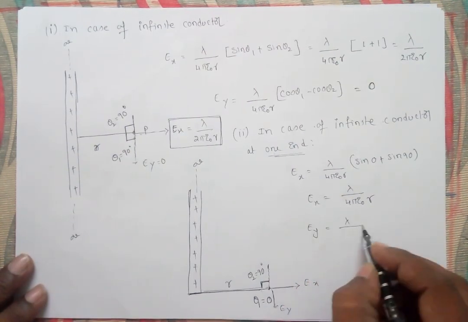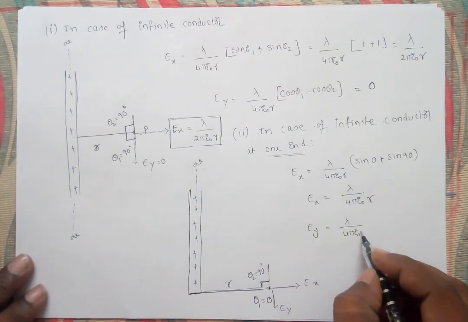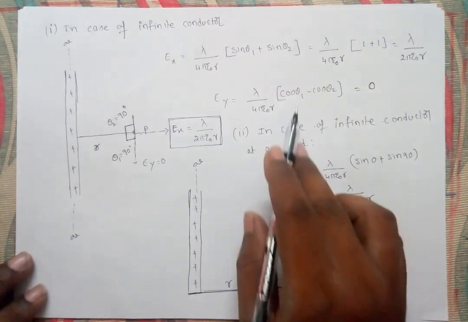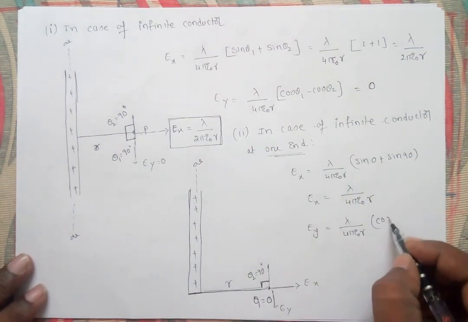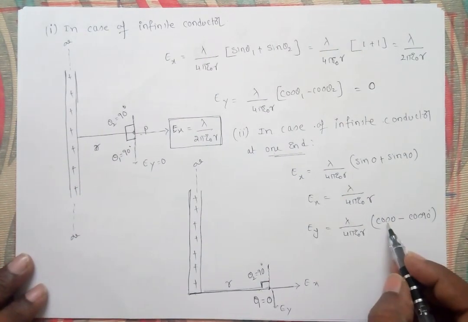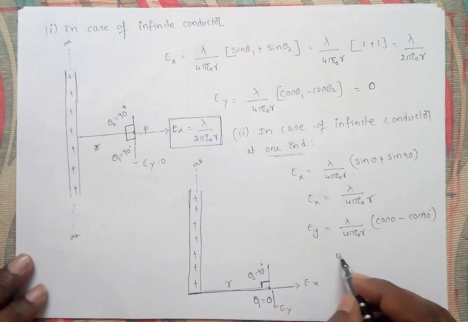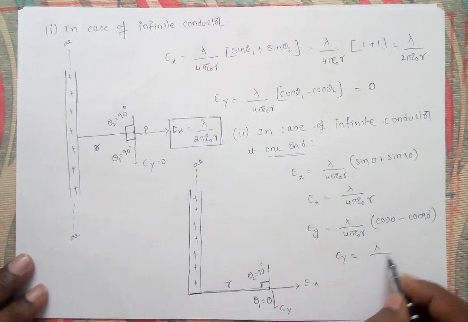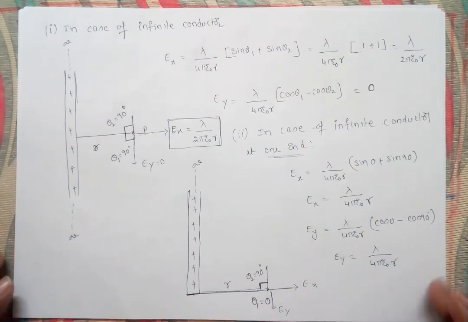Ey is lambda by 4 pi epsilon naught r into cos theta 1 minus cos theta 2. Cos 0 is 1, cos 90 is 0. So Ey equals lambda by 4 pi epsilon naught r. Like that, Ex and Ey are both there.